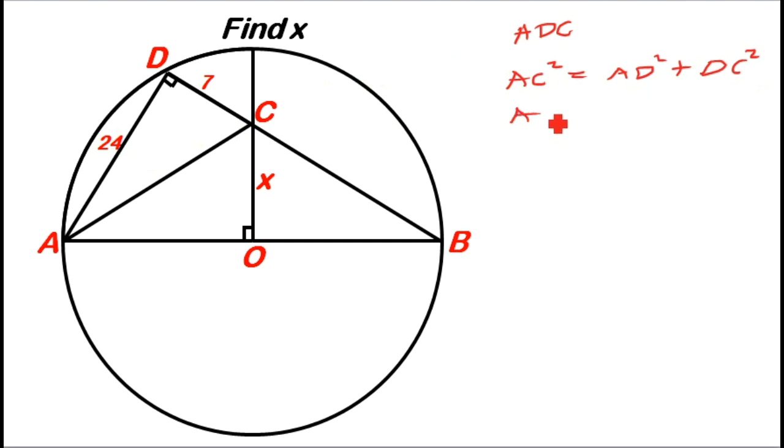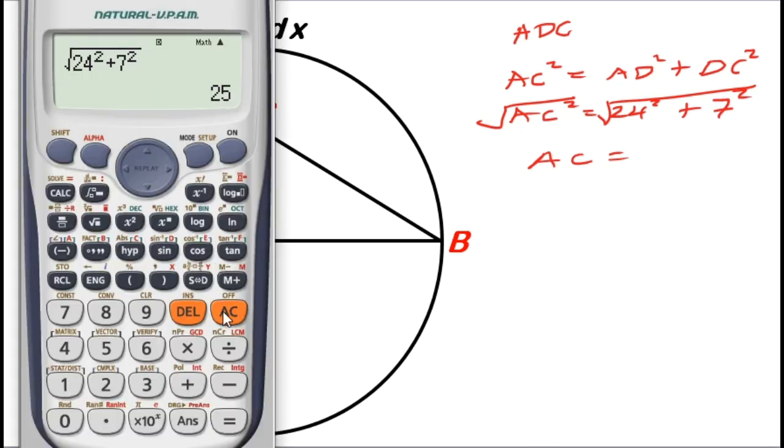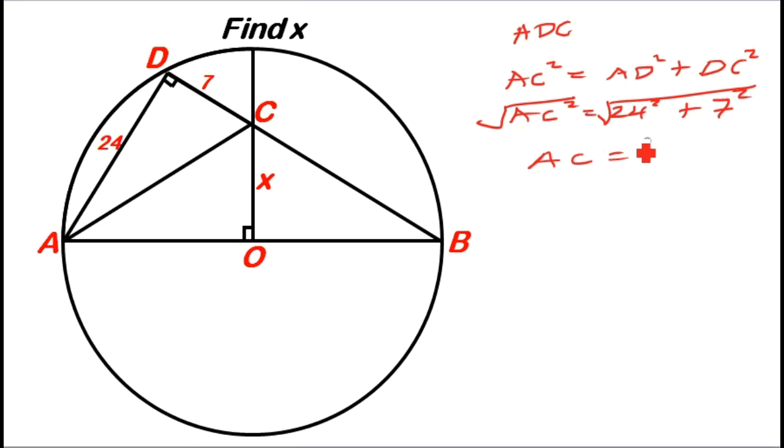So we'll have AC squared equals 24 squared, from A to D is 24, plus 7 squared, from D to C is 7. For you to get AC, you look for the square root on both sides. Then you end up with AC equals the square root of 24 squared plus 7 squared, which is 25. So the length from A to C is 25.